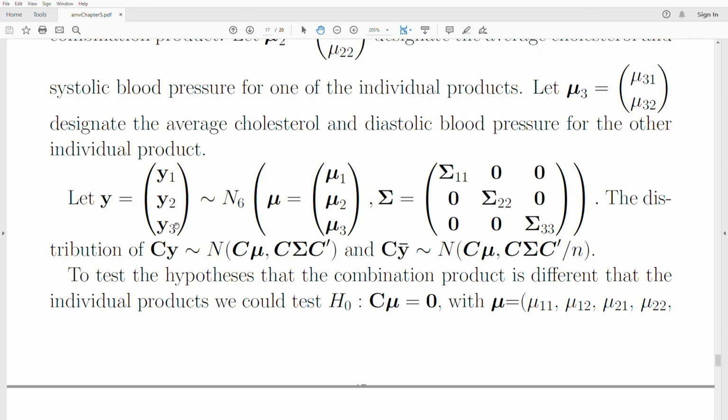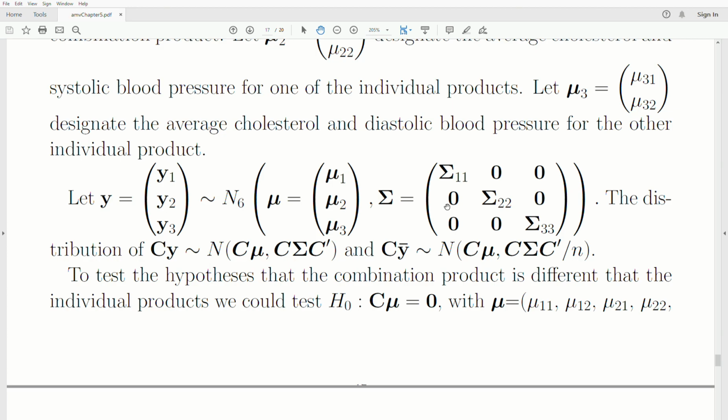Y3 is another population randomized to the remaining single drug product. Now, these are vectors, right? Y1 consists of cholesterol measurement and blood pressure measurement. Y2 is cholesterol and blood pressure, but for another group. Y3 is the same.